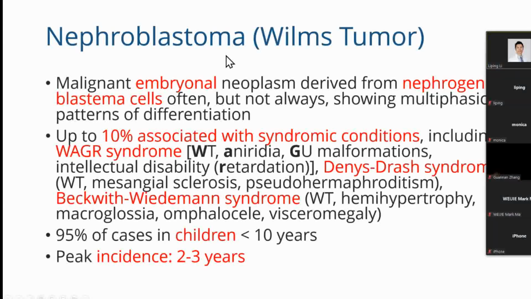This is a malignant embryonal neoplasm derived from nephrogenic blastema cells. And from the boards, I think you may need to remember that 10% are associated with syndromes. One good thing to remember for this entity is that 95% of the cases are in children less than 10 years old, and the peak incidence is 2 to 3 years old. So if you know the history, that will be really helpful for you to think of this entity.